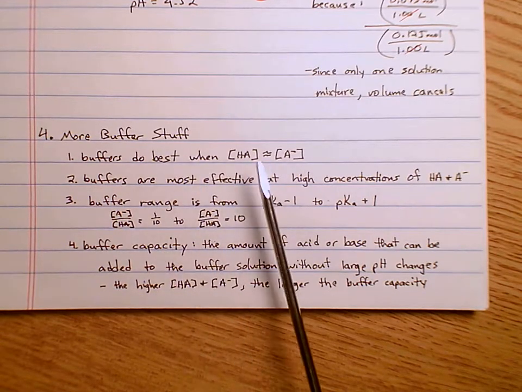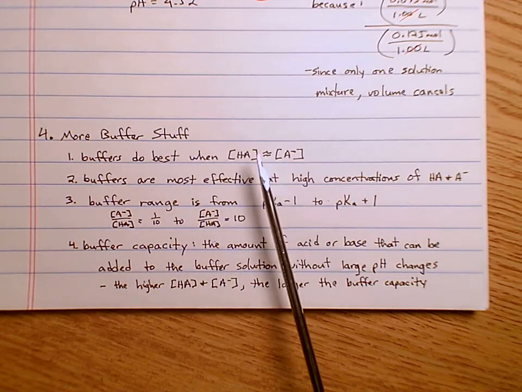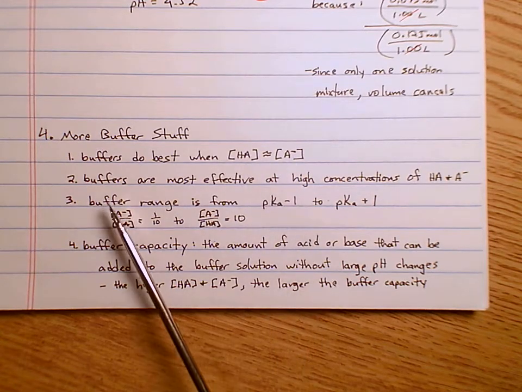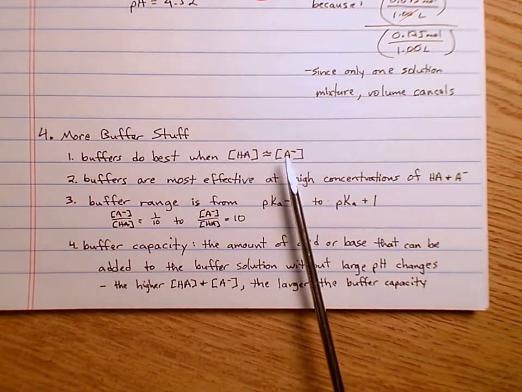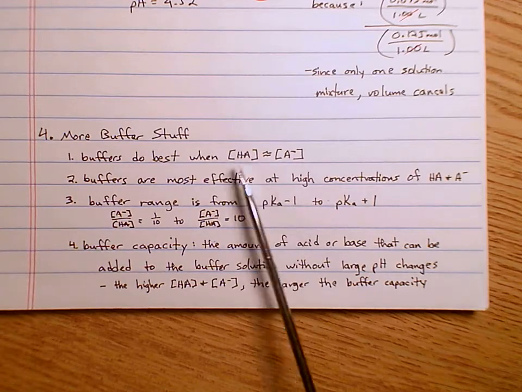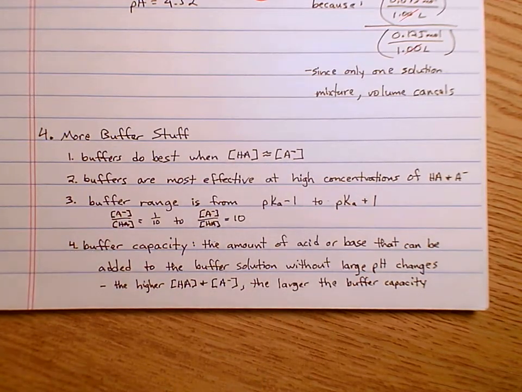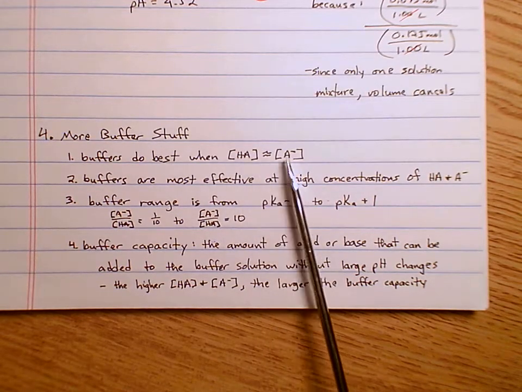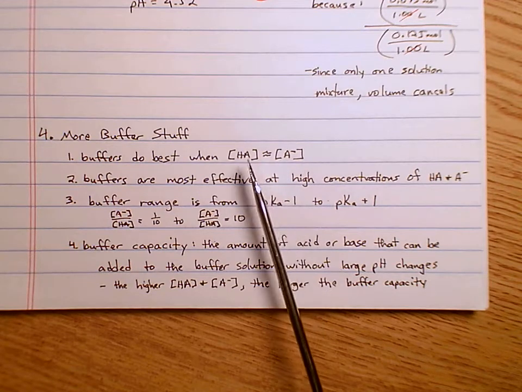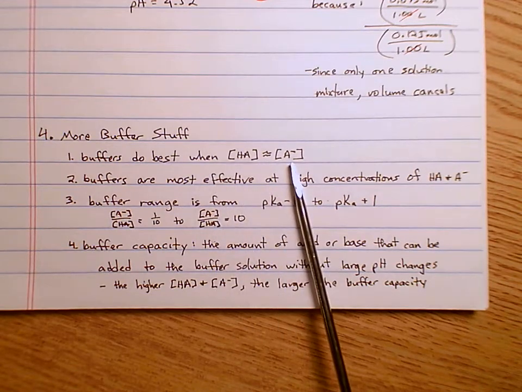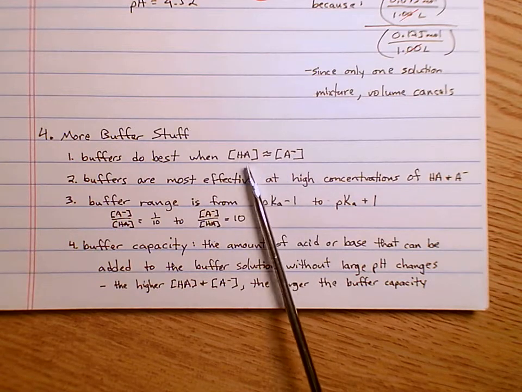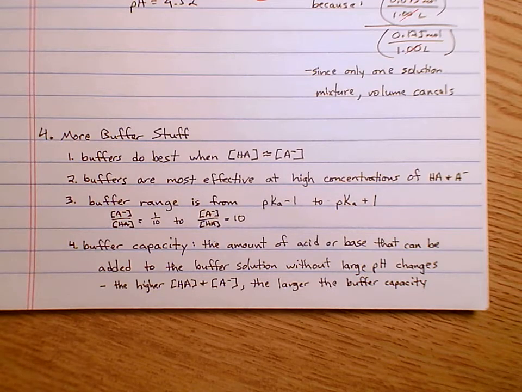If you've got a good buffer, like 0.1 molar HA and 0.1 molar A minus, or 1 molar HA and 0.8 molar A minus, when those two numbers are about the same, it's right in the middle of your buffer region, and therefore that's a good buffer. When these two are about the same, your buffer solution can handle just about as much acid added to react with A minus, or just about as much base added to react with HA.